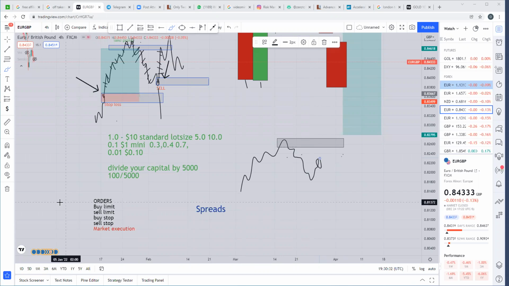So what that means is that whenever this market moves, gets into the zone, touches this line, the market is going to activate and start selling for you. It doesn't mean that it's going to automatically sell.